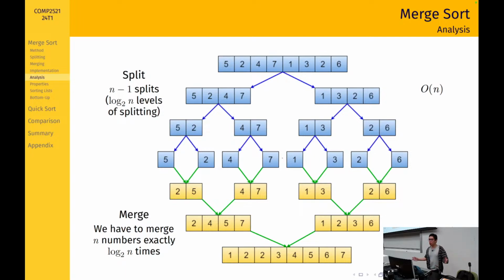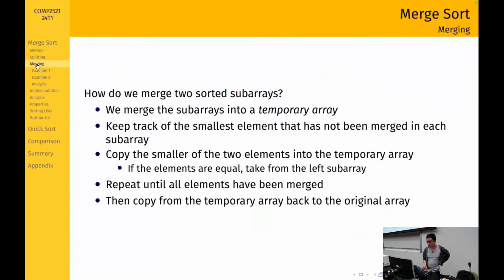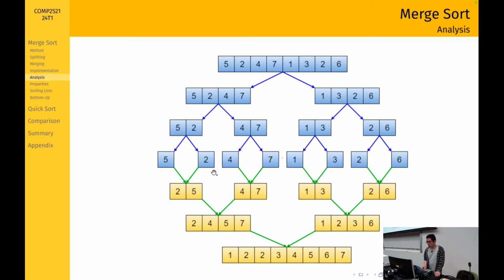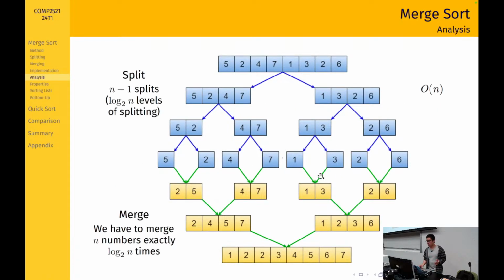But how about the merging, right? So this is where the analysis from before comes in. Remember that when we merge two subarrays of size 1, that's about 2 steps or 2 comparisons, and so on, right? So when we do the analysis, we have to consider how many levels of merging we need to perform, how many levels of recursion there are in total.